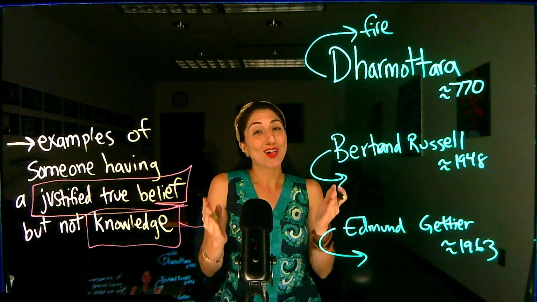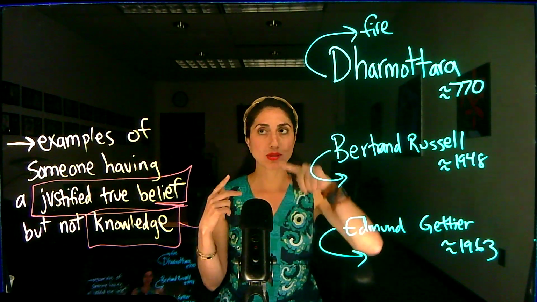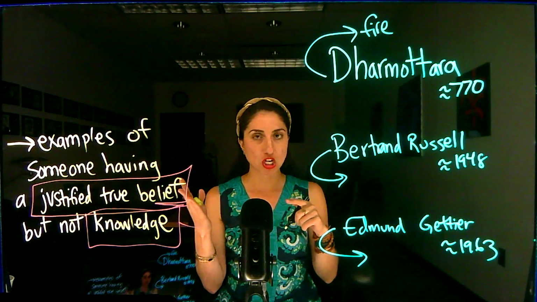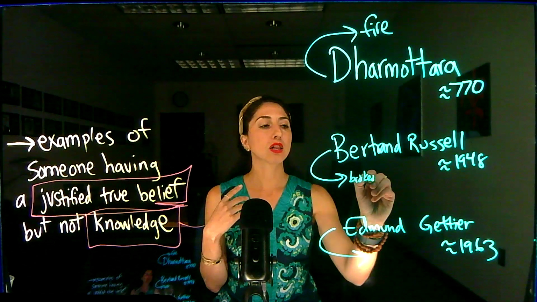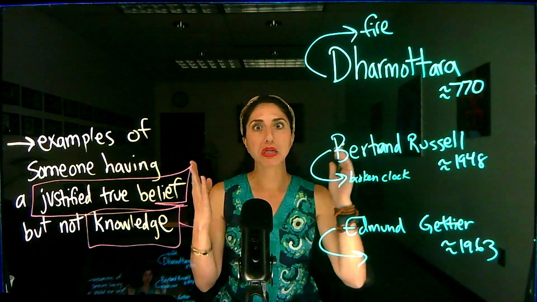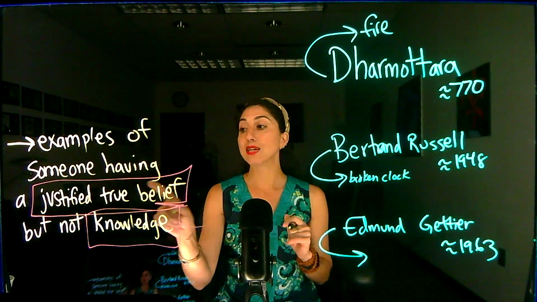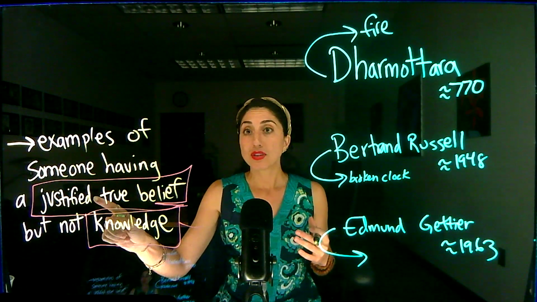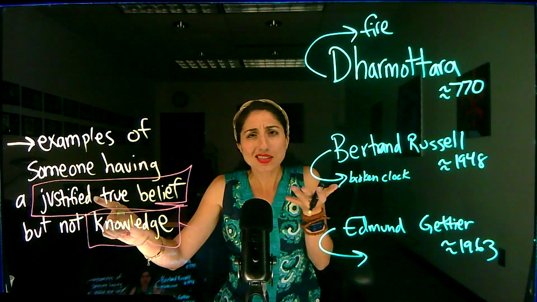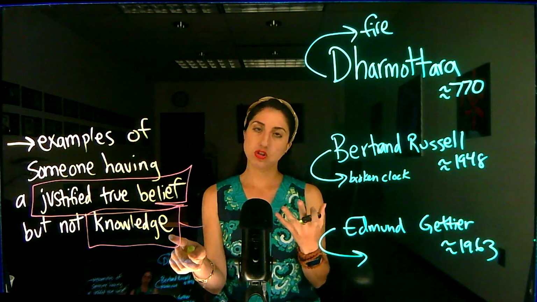And a broken clock tells you the correct time twice a day, assuming that you're on that AM/PM version. So there's a person who sees a clock that says 3 o'clock, and they form the belief that it's 3 o'clock, and it really is 3 o'clock, and they're justified in believing that it's 3 o'clock because they're looking at a clock that says 3 o'clock, but they don't have knowledge, or so you're supposed to think.